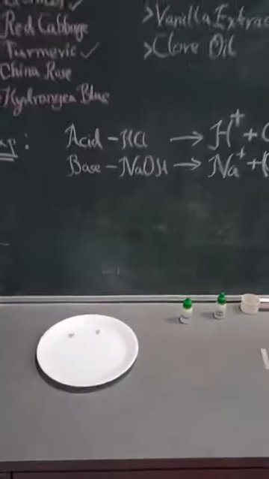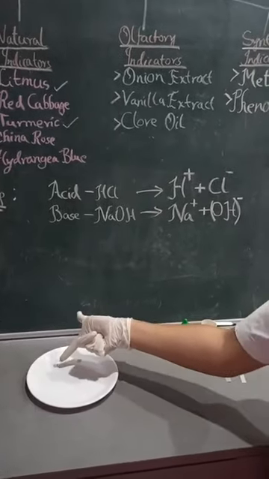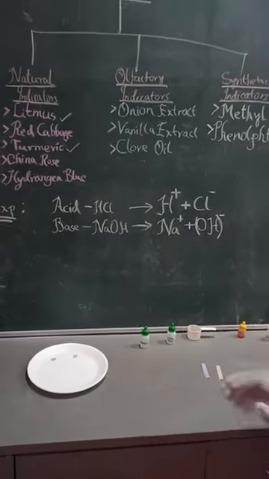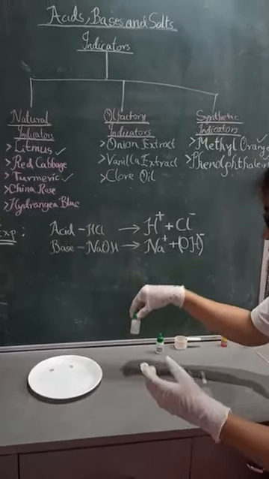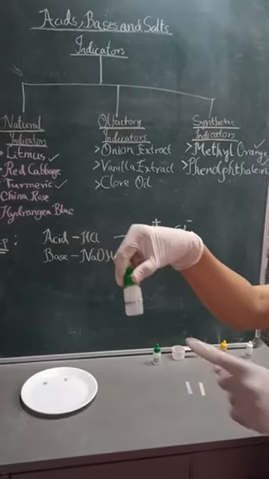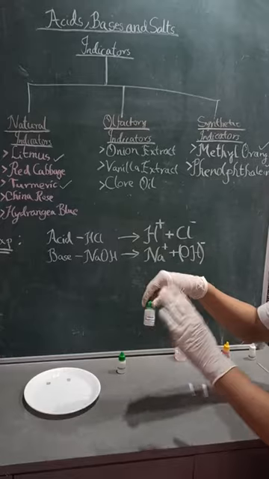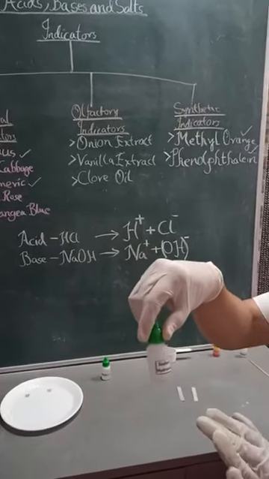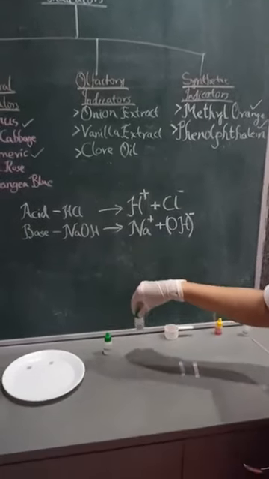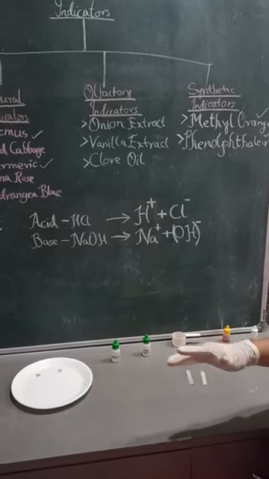For the results, we know that blue litmus paper will turn red if it comes in contact with this acid, hydrochloric acid, and red litmus paper will turn blue in contact with sodium hydroxide, which is a base. So let's see if it's true or not.